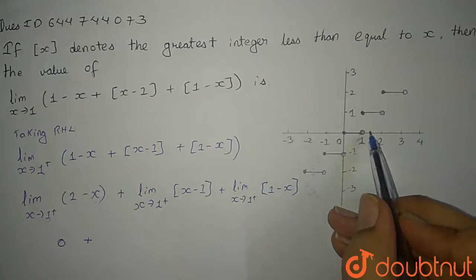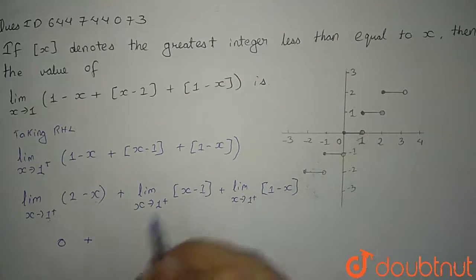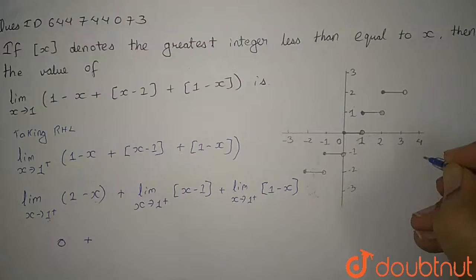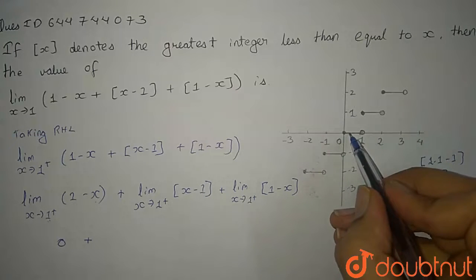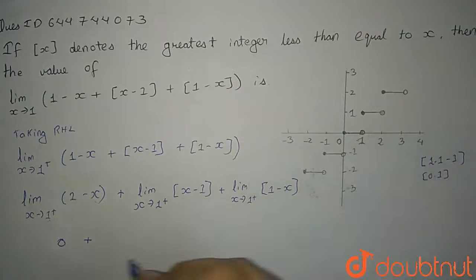So let me put a value 1.1 here and see what will be the value of this limit. If we put 1.1 here, this will be 1.1 minus 1, which is 0.1. What is the value of greatest integer of 0.1? It is right here, so it is 0. So this value will be 0.